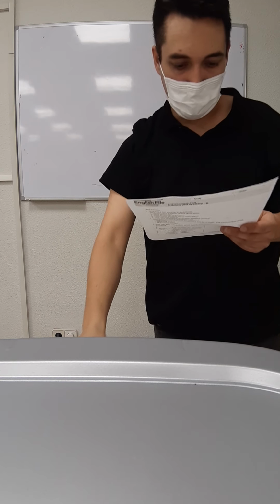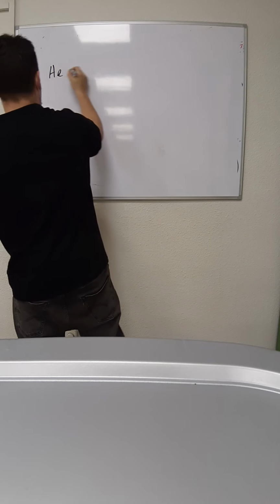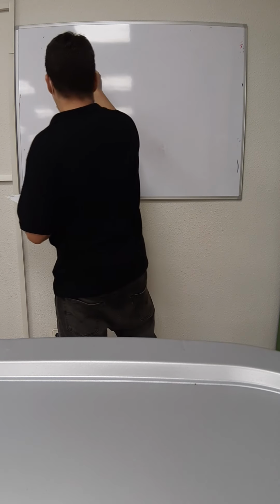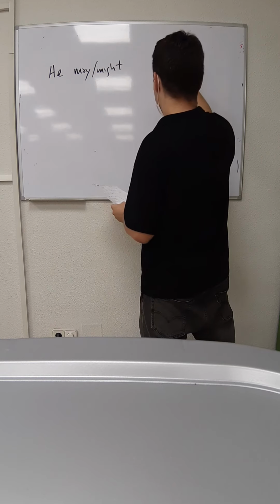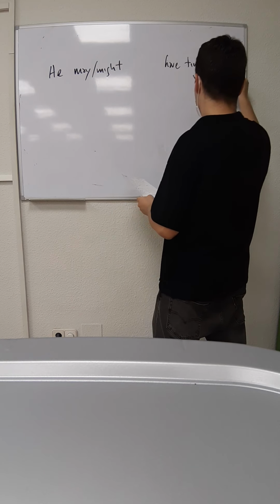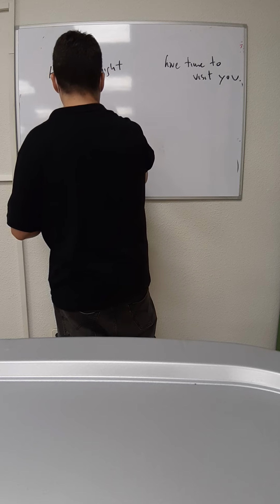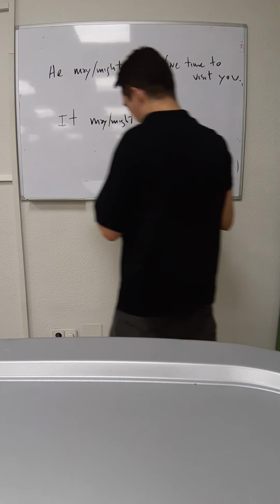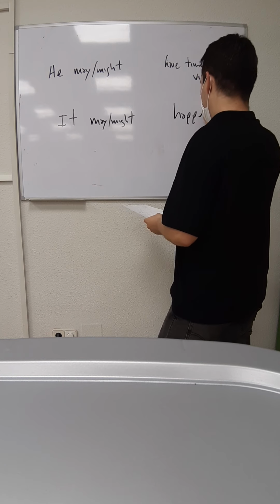Okay, another example. Have a look at this one. If I say, he may or he might have time to visit you, this is the example that we saw a moment ago, that may and might are interchangeable. I can say, it may or might happen.